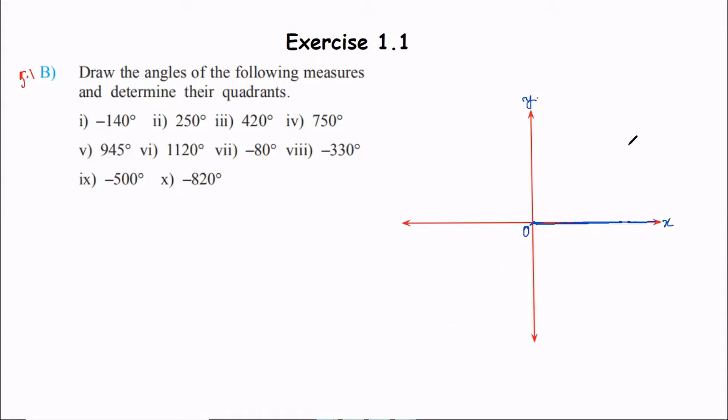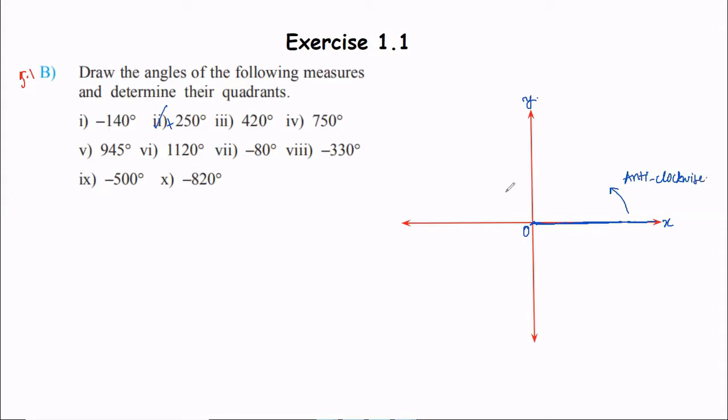For any angle, we always measure from the positive x-axis. Okay, remember that. In the second question, it's plus 250 degrees. So when we have to plot plus 250 degrees, the direction of rotation will be anti-clockwise from the positive x-axis.